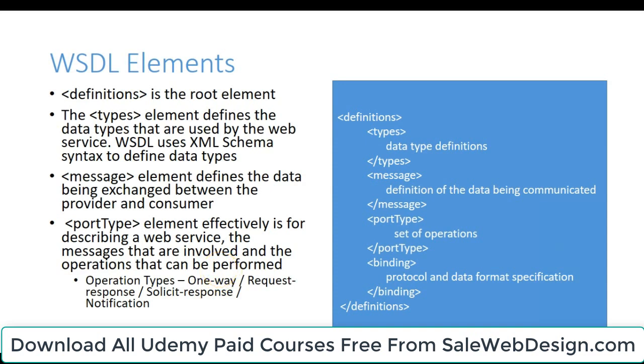So the port type element effectively is for describing a web service, the messages that are involved, and the operations that can be performed. The port type element can be compared to a function library or a module or a class in a traditional programming language.